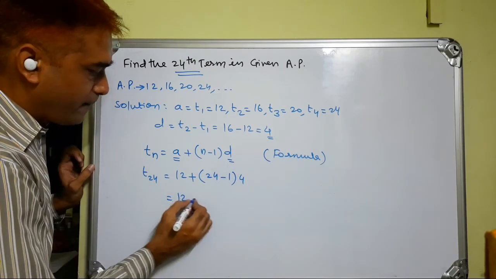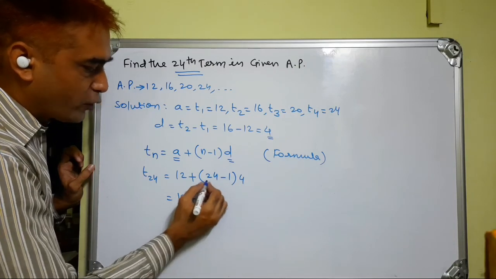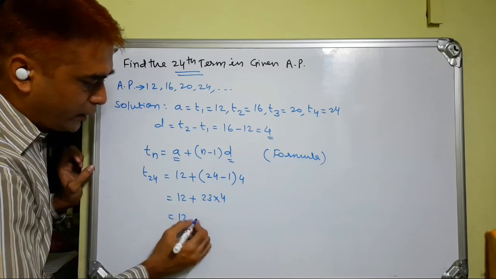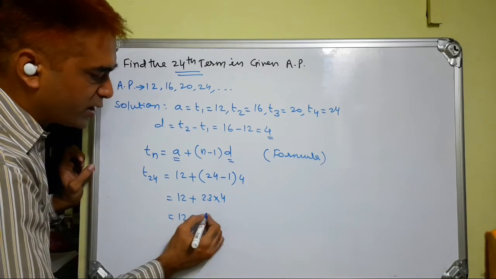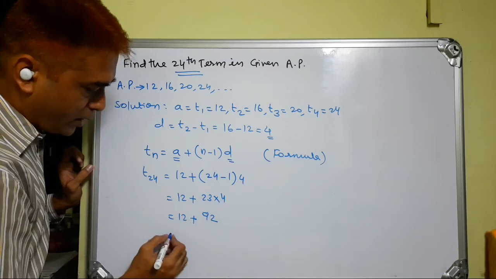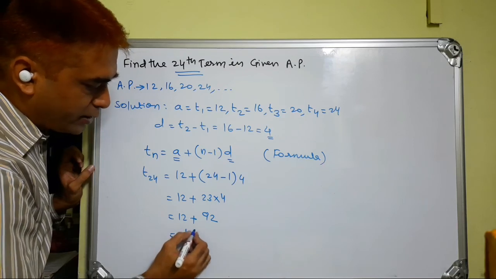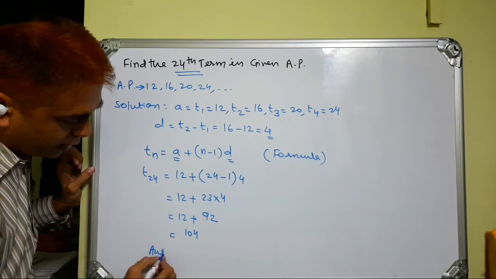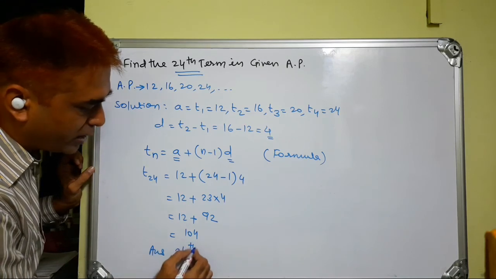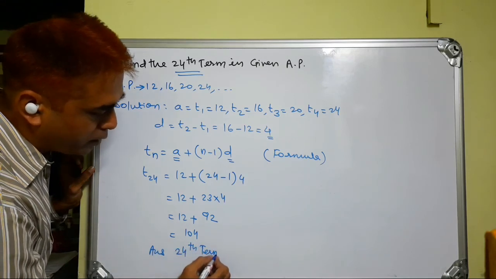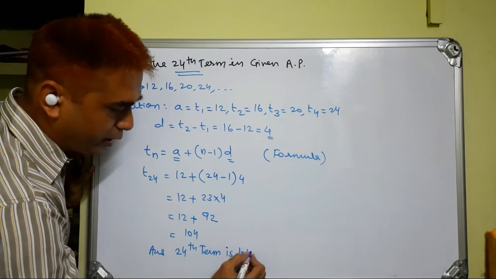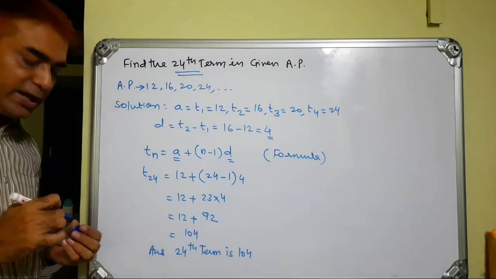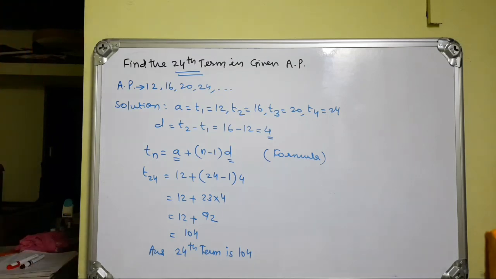So 12 plus 23 into 4, since 24 minus 1 is 23, and 23 into 4 is 92. 12 plus 92 is 104. So the answer is: the 24th term is 104. Very easy. This practice set is very easy and interesting also.